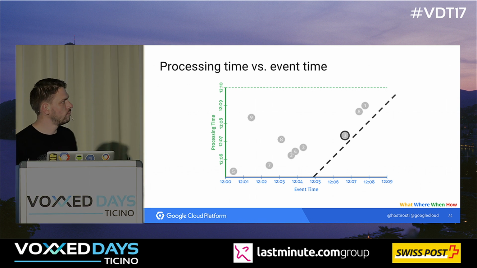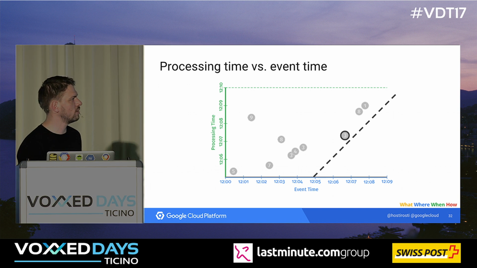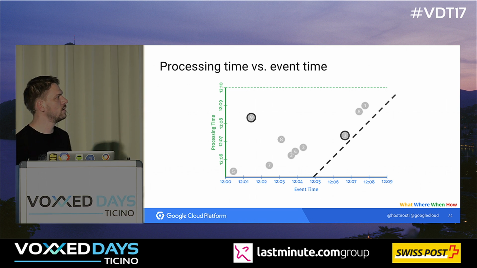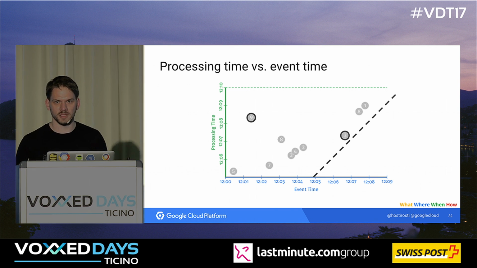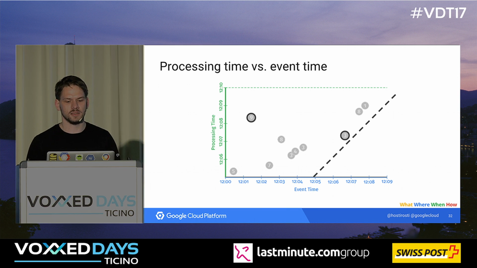Event number 3 occurs between 12:06 and 12:07, and arrives in the system shortly after 12:07. So that's pretty close to the real-time line. Then you see other events like event number 9, which happens at 12:01 and arrives in the system at 12:08. So there we have a 7-minute delay.